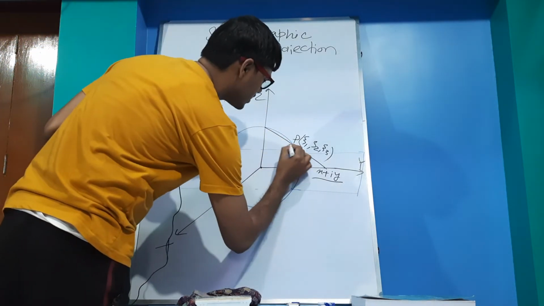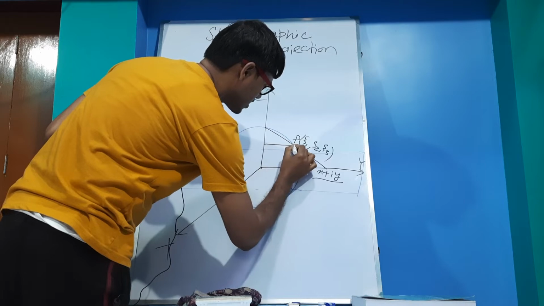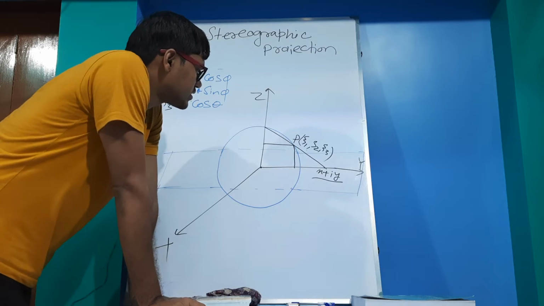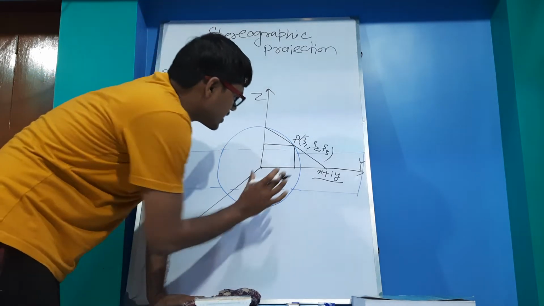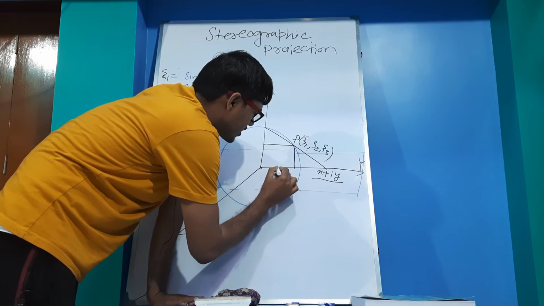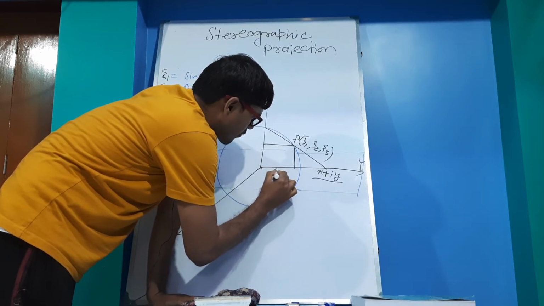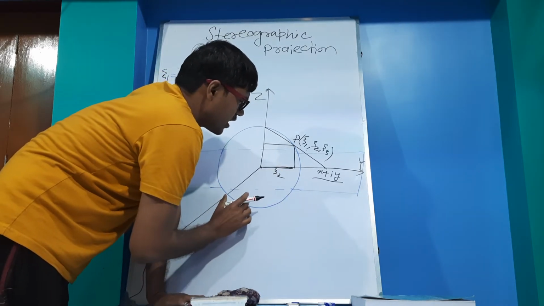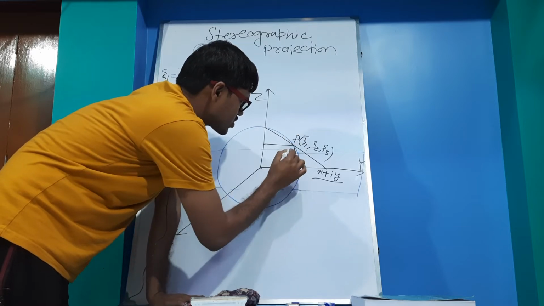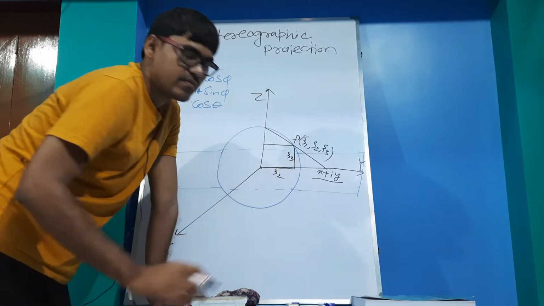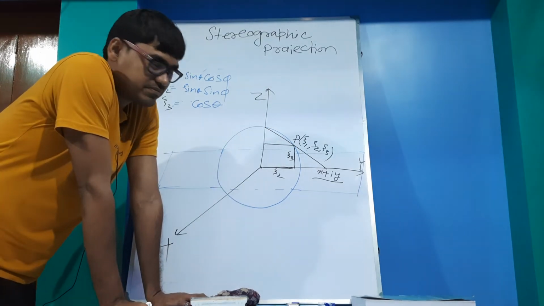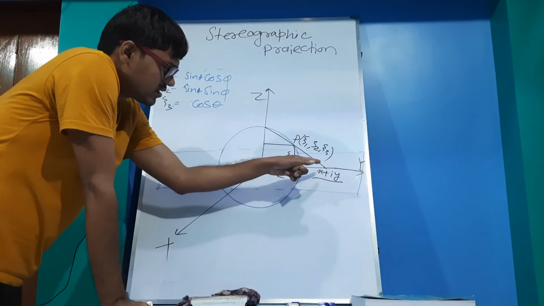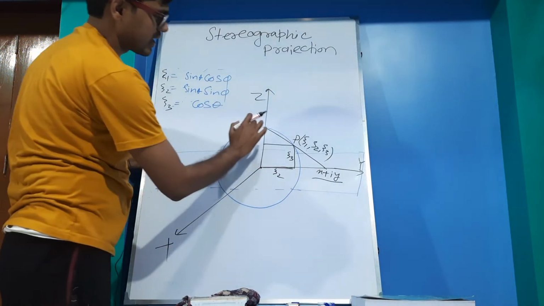Now take this and two perpendiculars from that point to the y and z axis. So naturally this distance is nothing but xi2 along the y axis, and this is xi3. Now we have to find the ratio from this triangle.